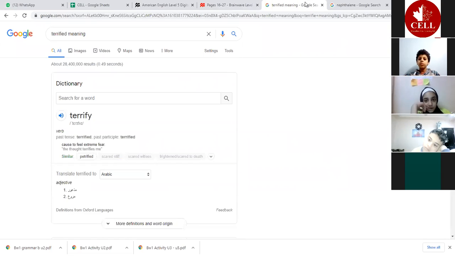Okay, example: the thought terrifies me. For example, you watched a scary movie, a very terrifying movie, and then at night you're so terrified that you can't go to bed.